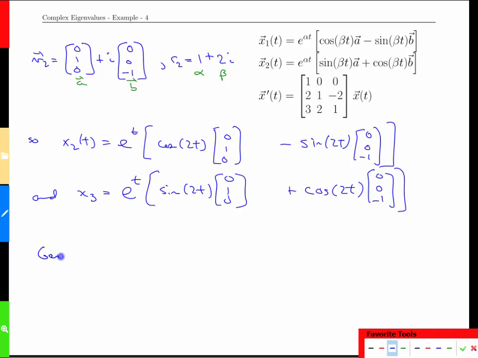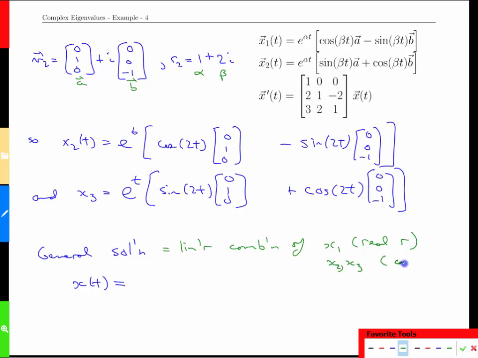With all of that, we get the general solution, which we will not rewrite in all its glory, but x of t will be the linear combination, key thing is the idea here, the linear combination of x1 from the real r value and x2 and x3 from the complex r pair there.